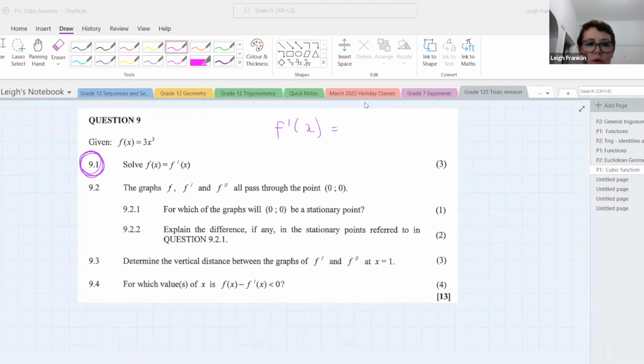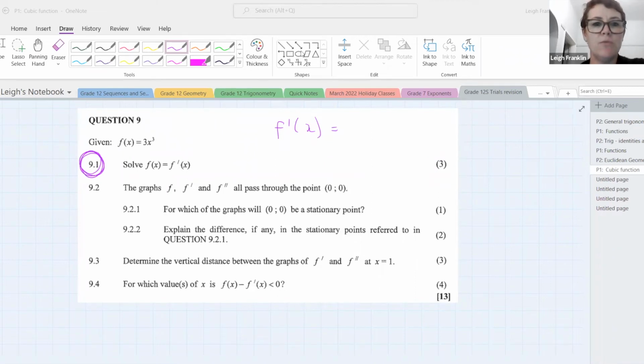And Alrina, what's f prime x? The others, you carry on. But Cassandra, Alrina, and Mbongeni, what is f prime x in this situation? It is the first derivative.